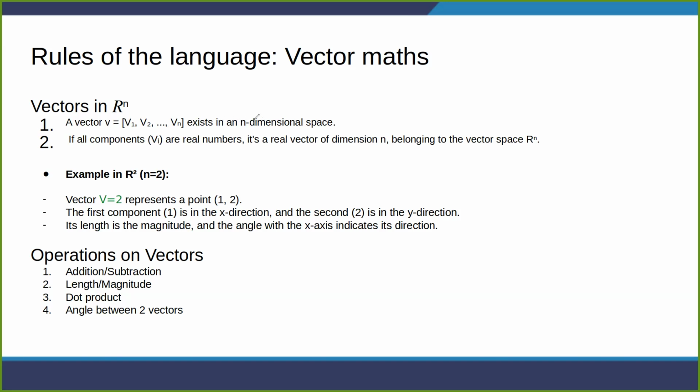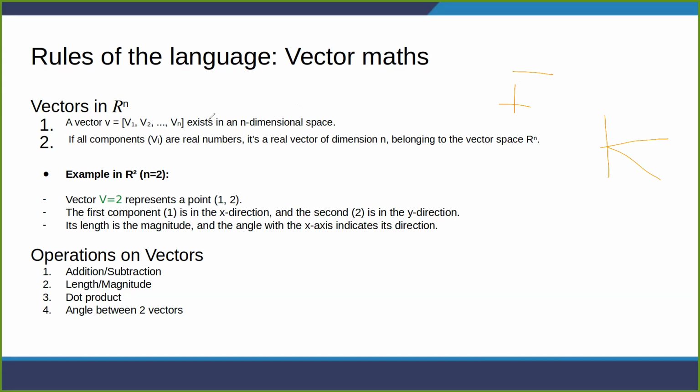In an n-dimensional space, you can draw one dimension, two dimension, three dimension. We can't draw the fourth dimension. You can draw up to three dimensions, but you can't draw more than that, though there exist more dimensions.